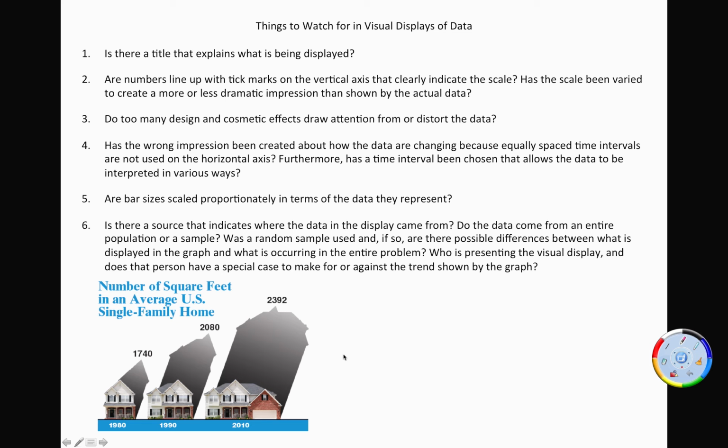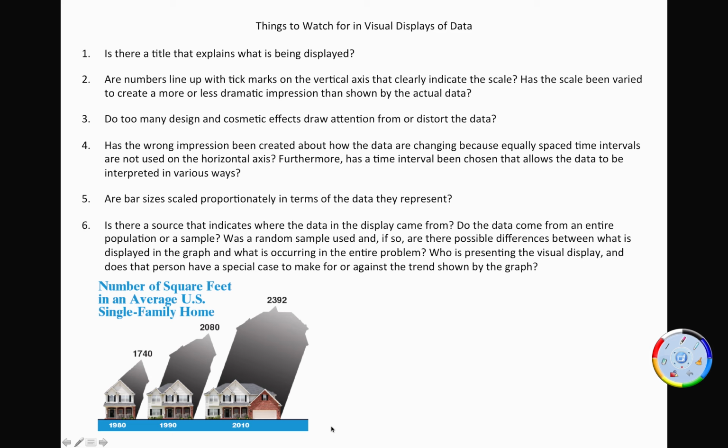Time intervals on the horizontal axis are not uniform in size, 10 years here and then a gap of 20 years, making it appear that dwelling swelling has been linear from 1980 through 2010. The data indicate that this is not the case.